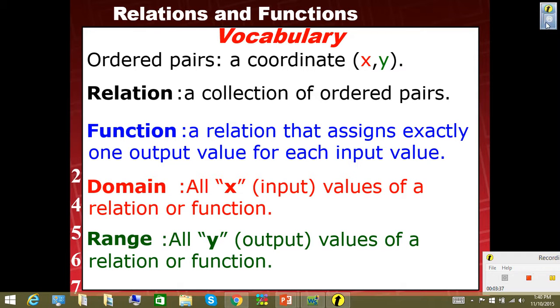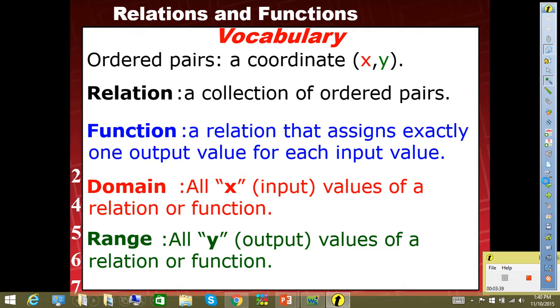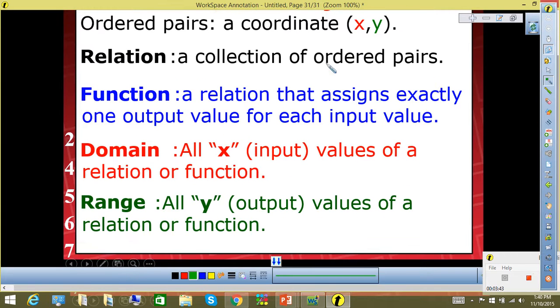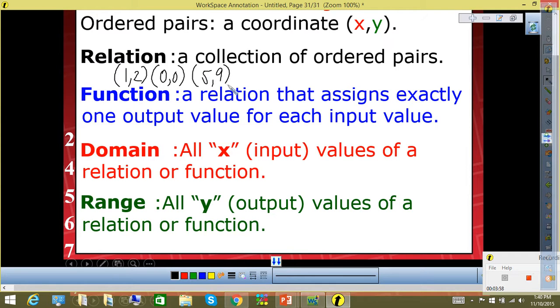So check this out. Look up, please. So I'm going to clarify right now a relation. I said that a relation is a bunch of these, right? So watch. Let's say I wrote 1, 2. And then I wrote 0, 0. Then I wrote 5, 9. Then I wrote 4, give me a number? 7.